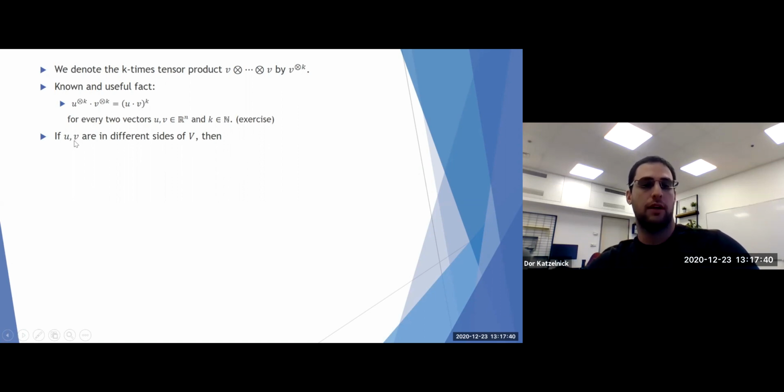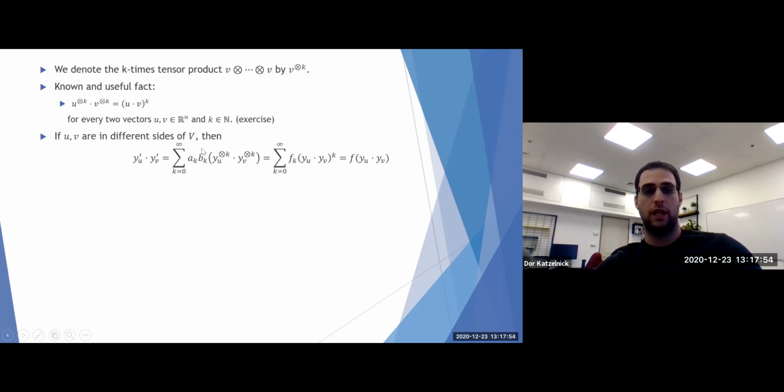Okay, so now let's show that the new vectors are good. If the two nodes u and v are on different sides of the bipartite graph, then the inner product between y_u prime and y_v prime will be equal exactly to this sum. Here we have a_k times b_k times the inner product between these two tensor products. And we know from the definition of a_k and b_k that if we multiply them, we get exactly f_k, because a_k is the square root of the absolute value of f_k, and b_k is, again, the square root of the absolute value of f_k times the sign of f_k.